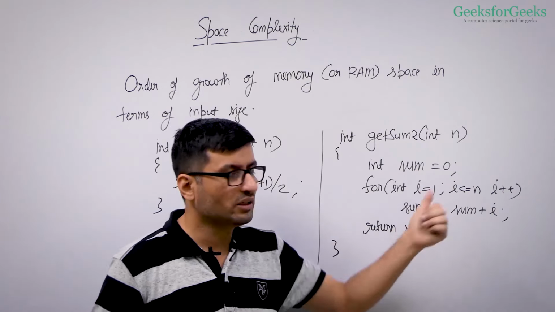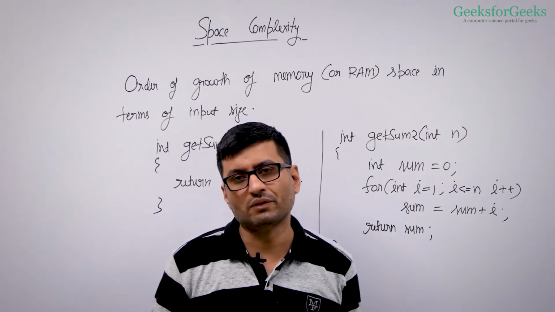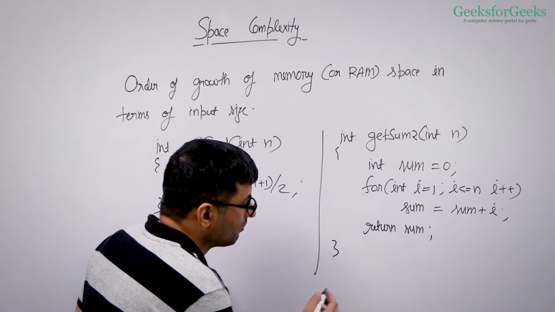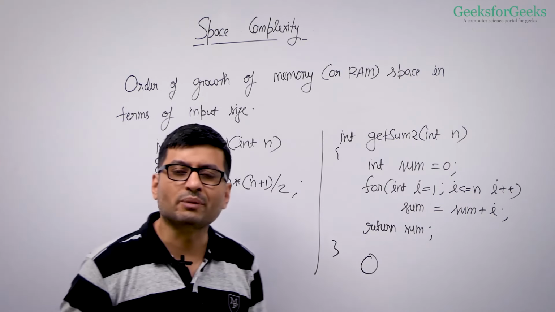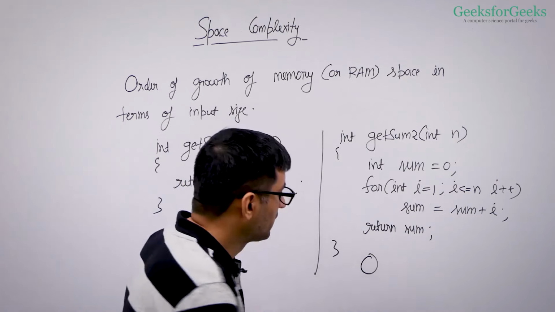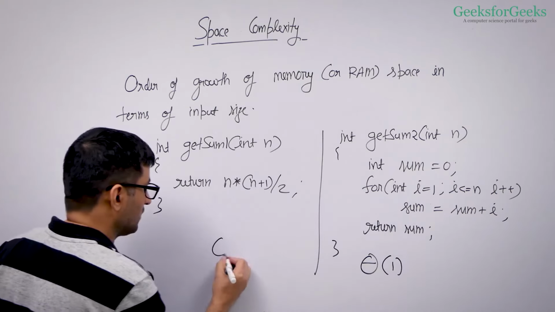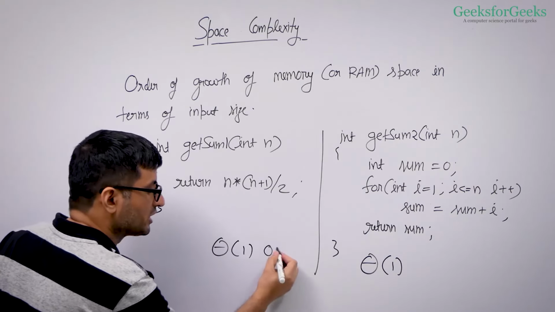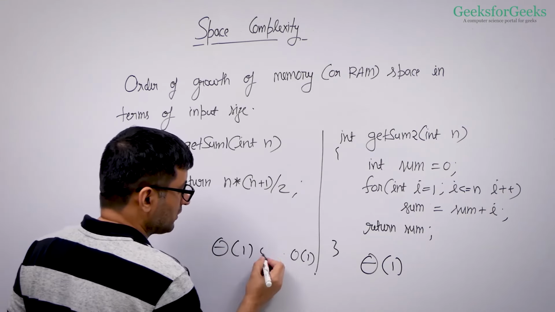So the space complexity of this program is also big O of 1 or theta of 1. Please note that we represent space complexity using the same asymptotic notations as we do for time complexity. So the space complexity of both programs is theta 1, or you can say big O 1. They both represent constant order of growth.